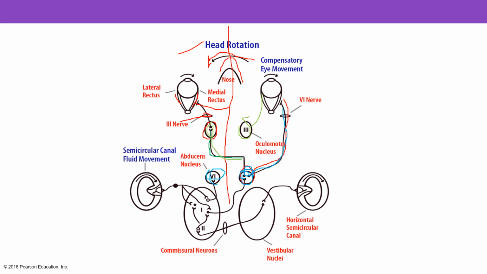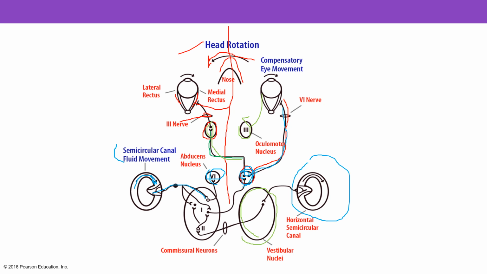So then, what are we looking at here? We could see the vestibular nuclei here. Now, here's that horizontal semicircular canal. Semicircular canal fluid movement is going to give information into that vestibular nuclei.